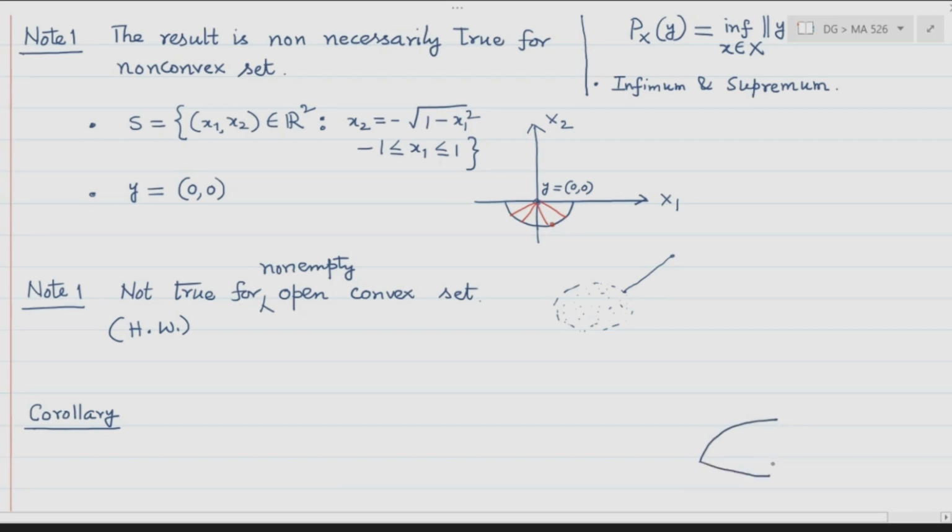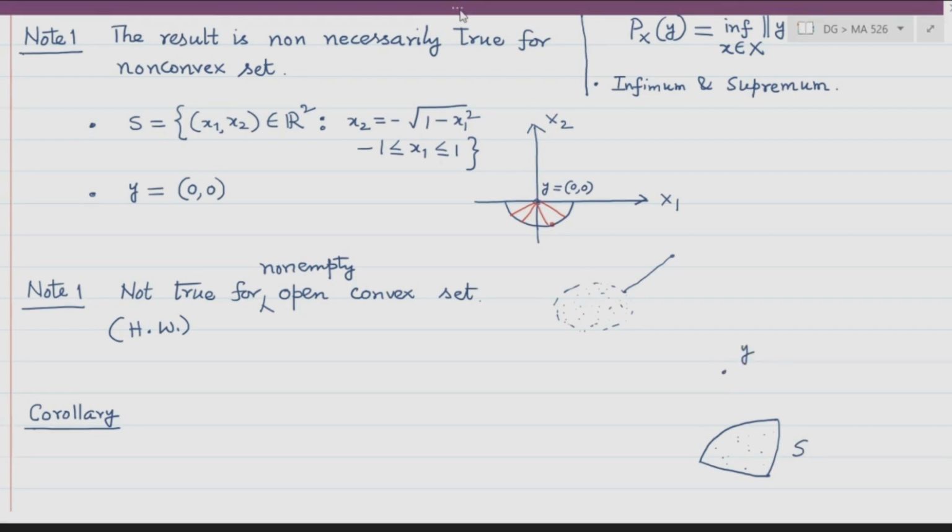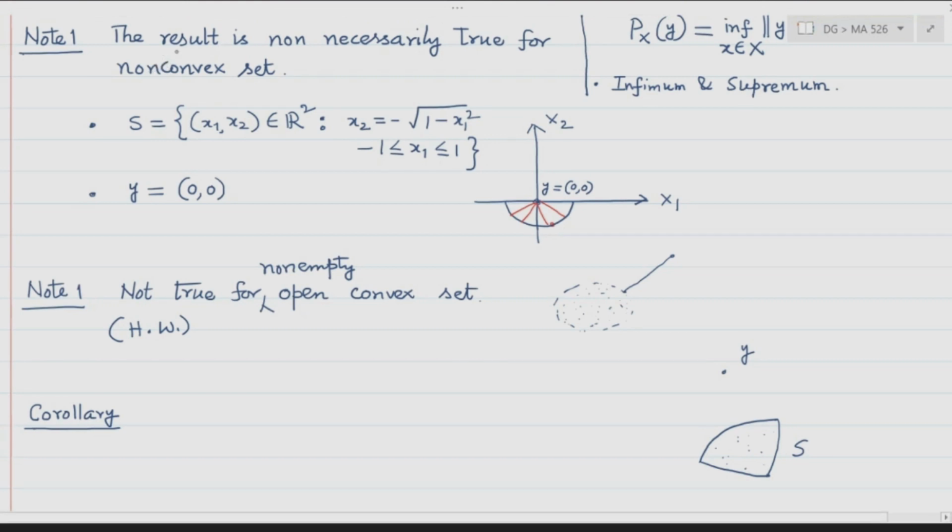My abstract set is this set, let's suppose S, and I have the element y outside of the set. Then the corollary is the following: there is a hyperplane that separates out the element y and the set S.